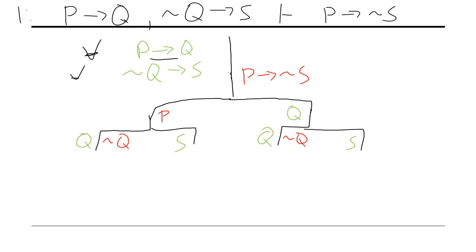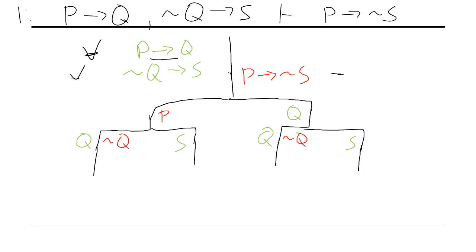Now let's look at our last one, which is our conclusion. Same thing as before. What's the main operator, the tilde or the arrow? Since the tilde is in front of just the S, that's telling us it's just the arrow. That is the main operator, and the arrow rule on the right hand side is the opposite of what our arrow on the left hand side is.